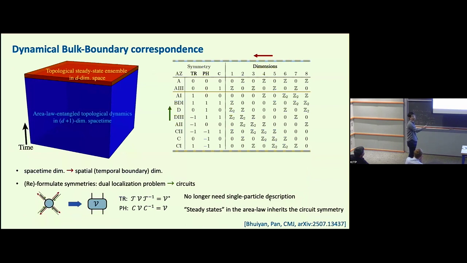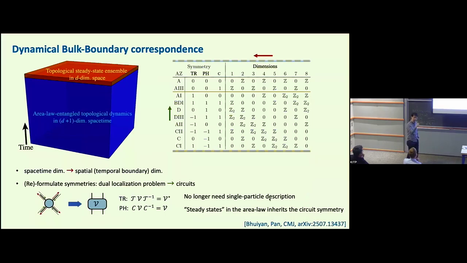So apparently, I would have two different ways to classify the whole picture. But the interesting thing is if you go from the bulk to the boundary, you shift the dimension by 1 this way. And like I said earlier, you need to reformulate the symmetry carefully. And as it turns out, the result is that you shift the symmetry class upward by 1 click.